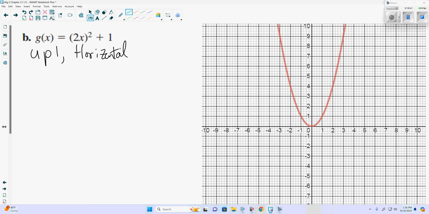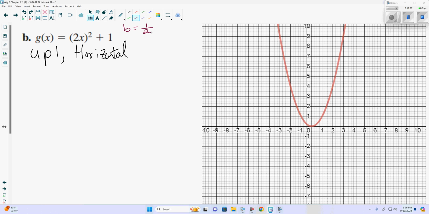stretch or shrink, yes? Before we even look at stretch or shrink, we have to flip that value of b. So it says the value of b is 2. If we flip it, that value of b that's being applied to the stretch or shrink becomes what? 1/2, yes? We have to flip it. So the value of the horizontal stretch or shrink is not 2, it is 1/2, yes?